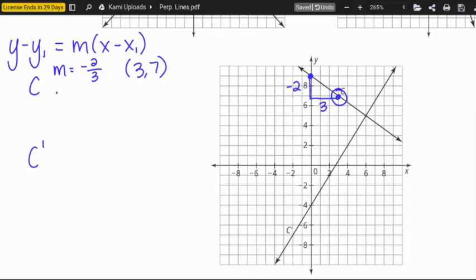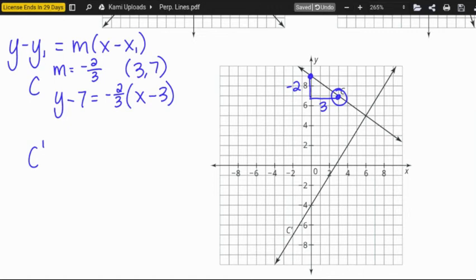I would say y minus my y value is 7. y minus 7 equals my slope, negative 2/3, times x minus my x value, which is 3. That is the equation of the line in point-slope form.